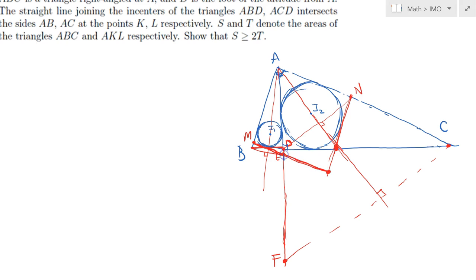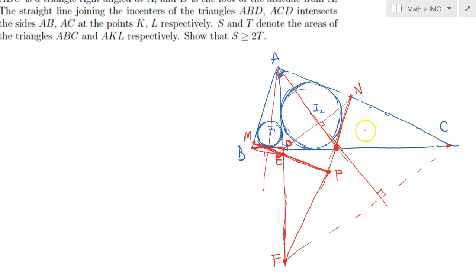Remember how we constructed the points E and M by simply reflecting D and B across the angle bisectors. And finally, let me highlight this point as P. Notice that P, if this is extended, that should definitely hit the point F as well, due to the reflection congruence, obviously, right?